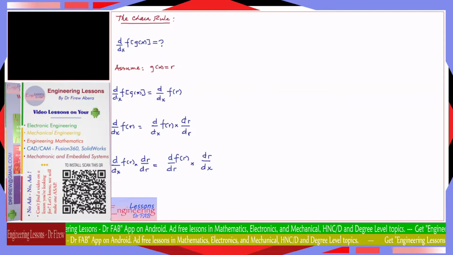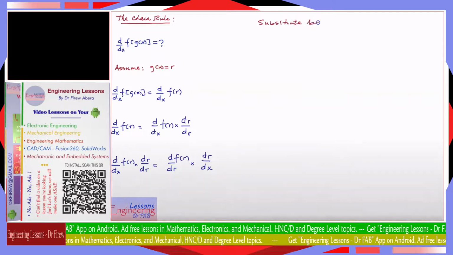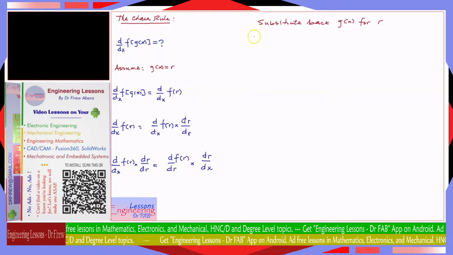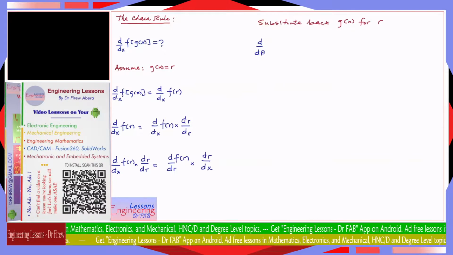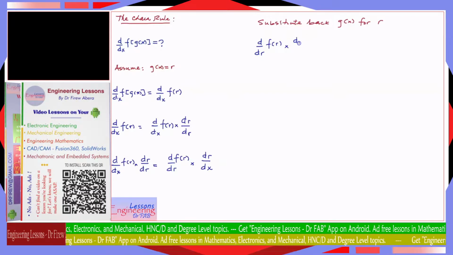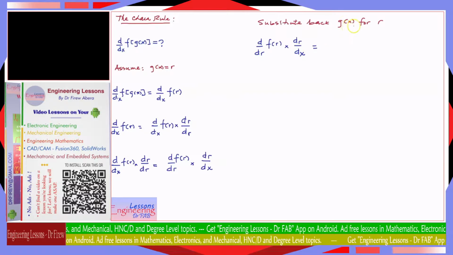I can then now substitute this back, simply r. Okay. Substitute back g of x in place of r.